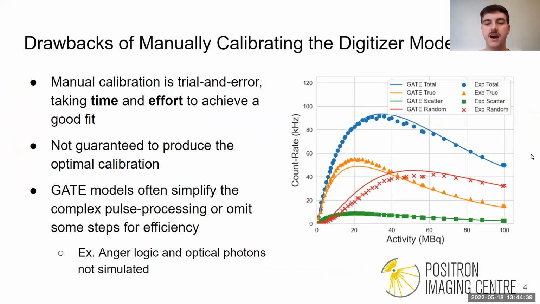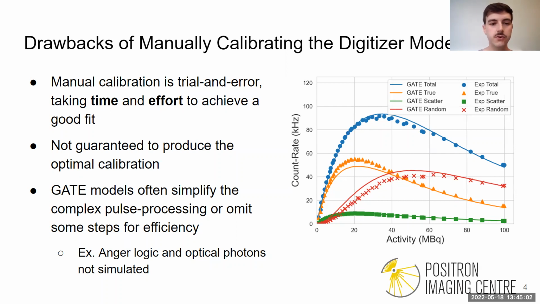However, manually calibrating this digitizer model took a lot of time and effort to achieve this good of a fit. And because this was done by hand, this is also not guaranteed to be the optimal calibration of the digitizer model. Perhaps these curves could be a little better fitting to what was observed during the experiment.